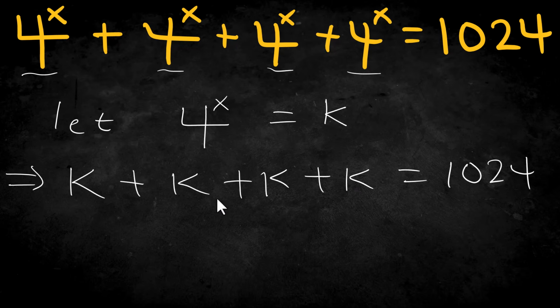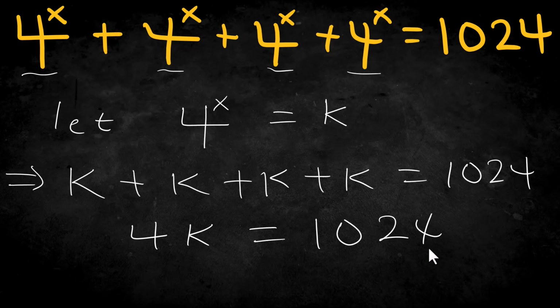So we can add the left hand side. k plus k plus k plus k will be 4k equals 1024. So we can divide both sides by 4.